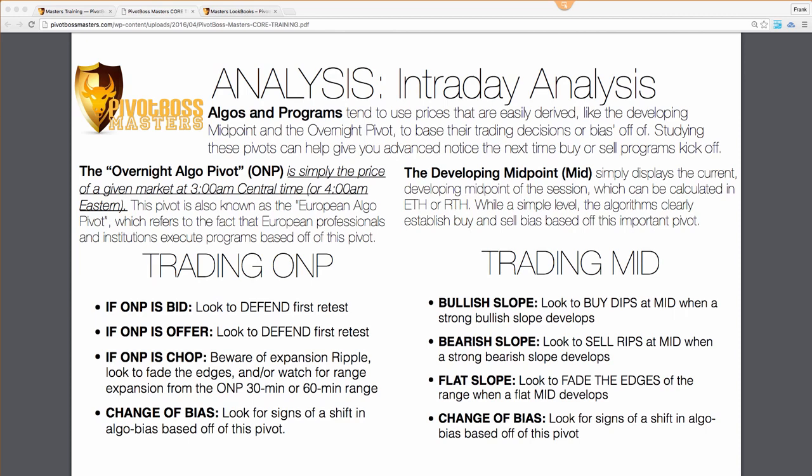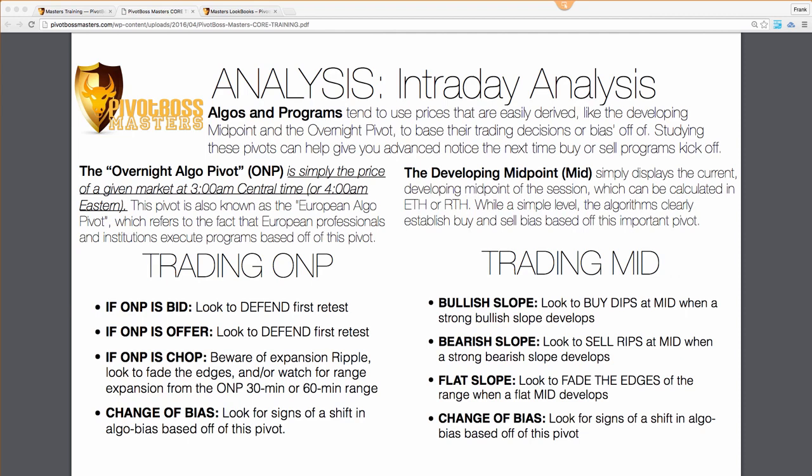And from there, you can see, does it have value or does it not have value? And from what I've come across, the overnight pivot has a ton of value. And basically, the idea is that the European markets will tend to open at 2 a.m., right? And at 3 a.m. is when the initial balance is in, for the most part, right? From 2 to 3 a.m., the first hour high and low.